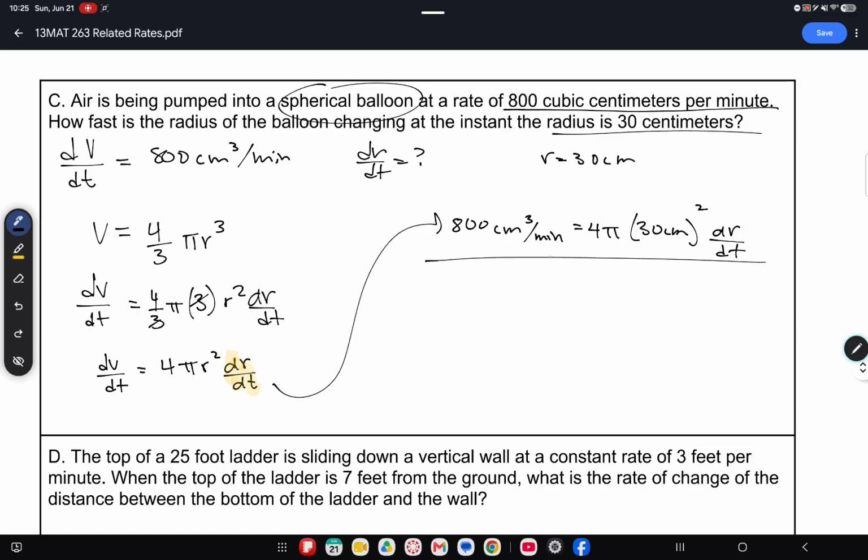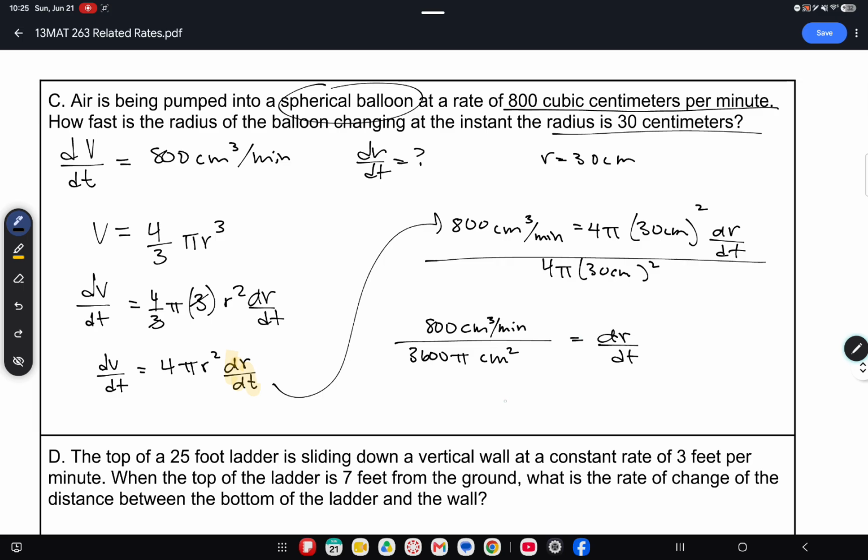I'm going to divide both sides by 4 pi and that 30 centimeters squared. So that's 800 centimeters cubed per minute divided by, I'm going to get that number, 30 squared times 4 is 3,600 pi centimeters squared.